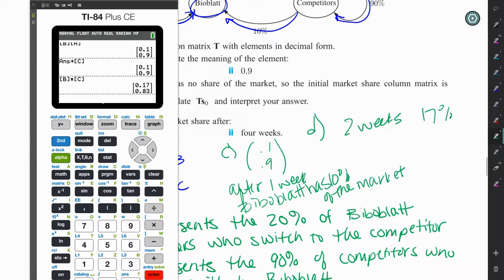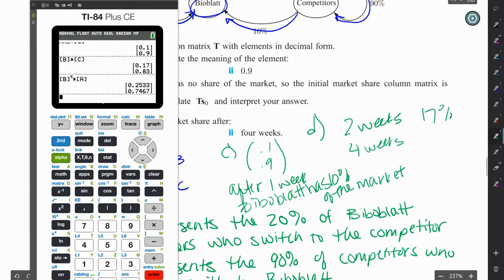And now to make my life a little bit easier, instead of storing and doing all that, I'm just going to take matrix B, raise it to the power of 4, so B to the 4th, and then multiply it by A. So that'll do my 4 weeks of transitions times matrix A. So after 4 weeks, they're up to 25.3% of the market.